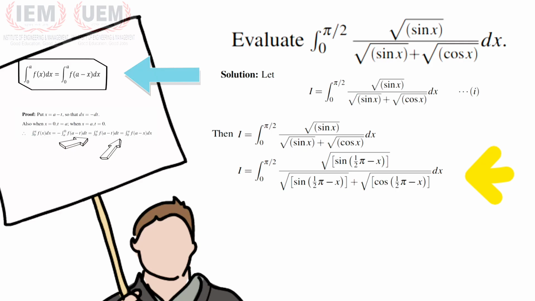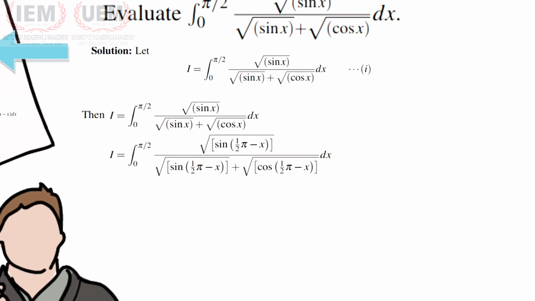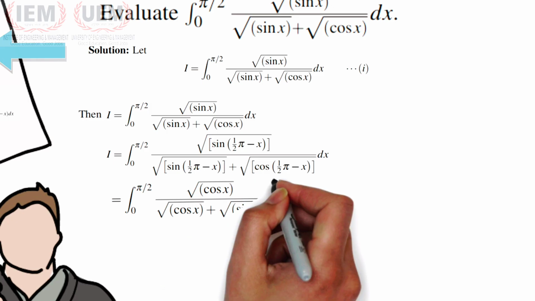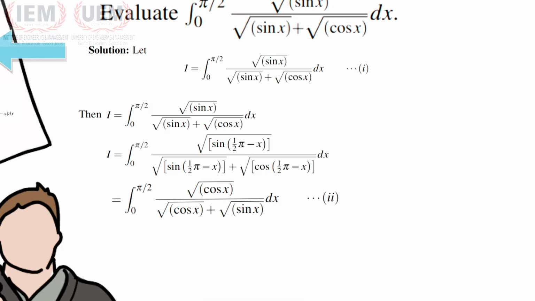Now we know that sine of pi by 2 minus x is equal to cos x, and cos of pi by 2 minus x is equal to sine x, hence we can rewrite the integral as the integral from 0 to pi by 2 of the square root of cos x, whole divided by the square root of cos x plus the square root of sine x, dx. Label this expression as equation 2.